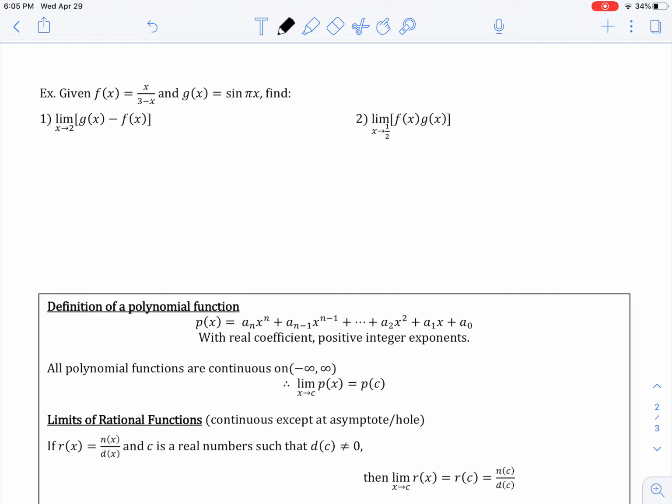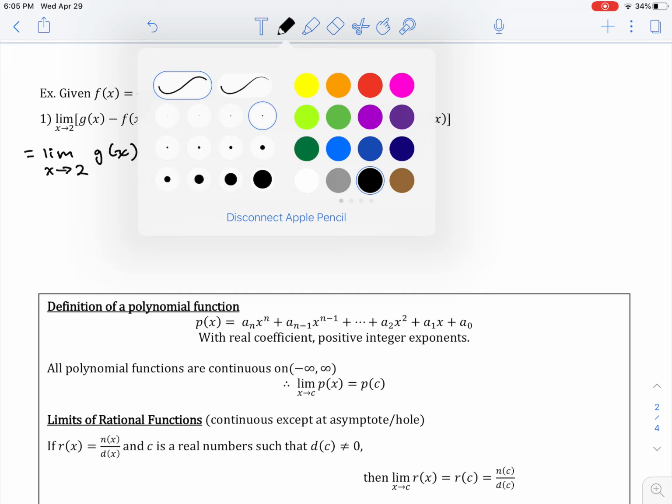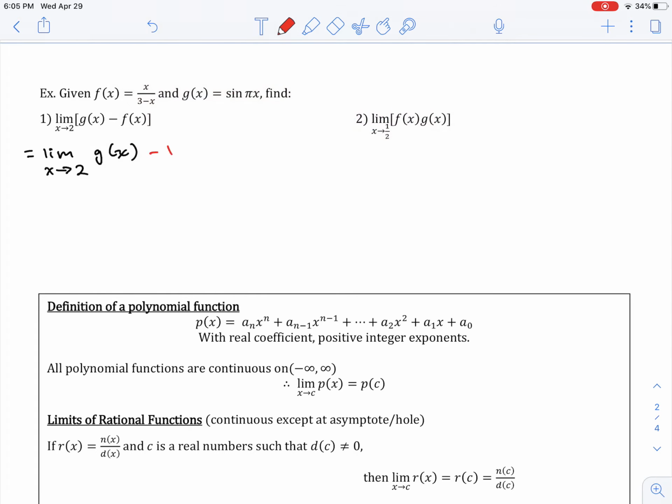Or you could rewrite this and say this limit expression is equivalent to the following limit expression. The limit of g of x as x approaches 2 minus the limit of f of x as x approaches 2. And why would you want to do this?